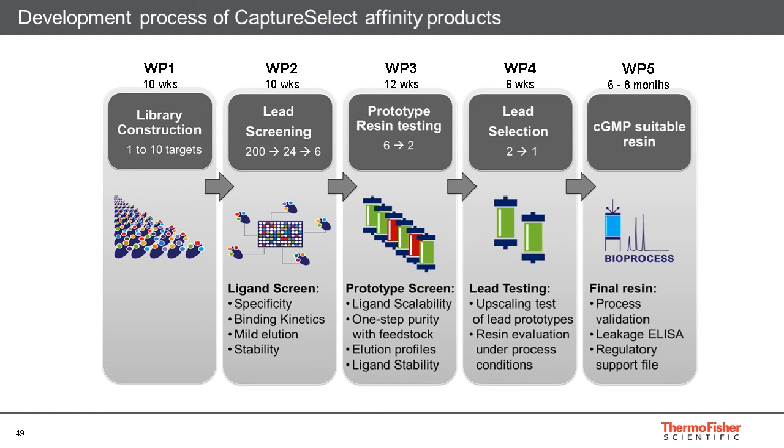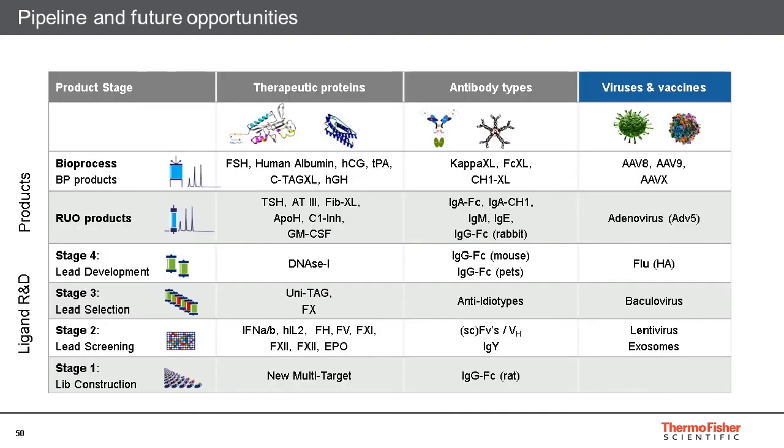And as you can see from the timelines at the top of the chart, it's not a particularly long process to end up with a fully documented bioprocessing resin that actually allows you to purify your particular biologic.